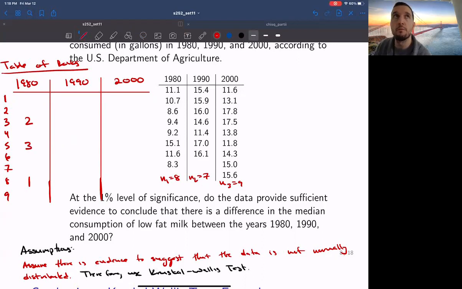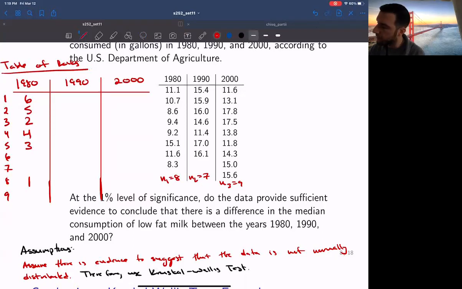So we're ranking from smallest to largest across the data as a whole. Observation 4 gets the fourth rank because it's the fourth smallest value in the data set. 10.7 gets the fifth rank. 11.1 gets the sixth rank.